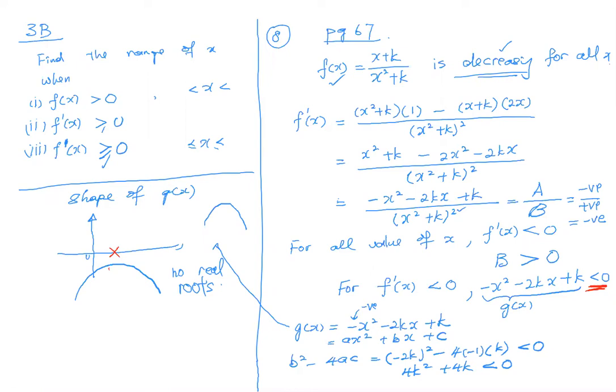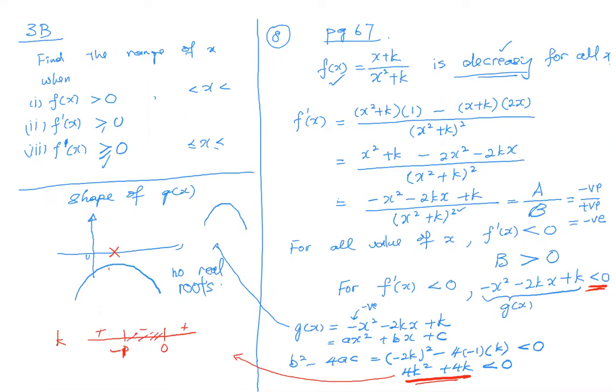In order to solve this, you have to use the number line, the sign diagram, for k. So you have 0 and negative 1. It's a plus, a minus, and a plus. So you select here.